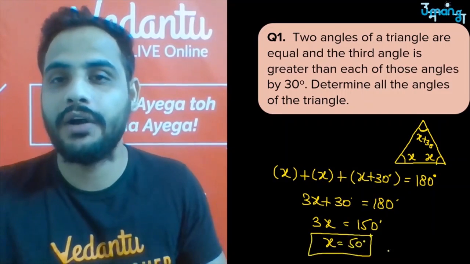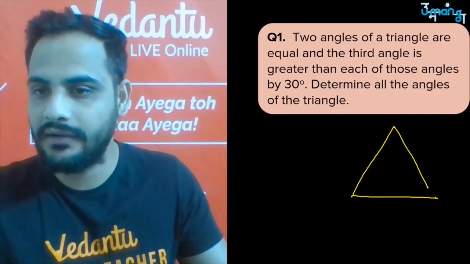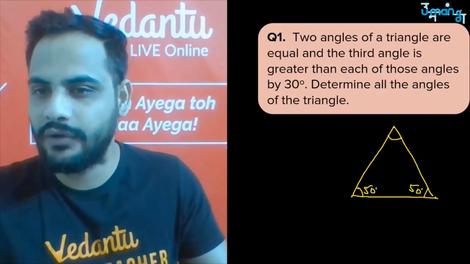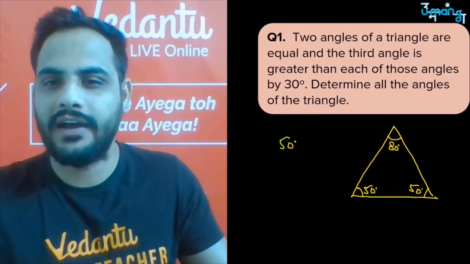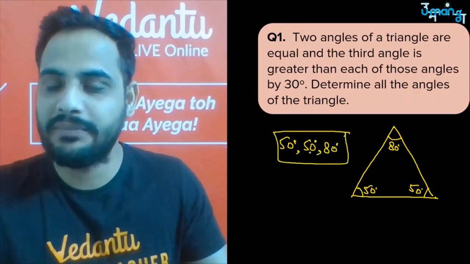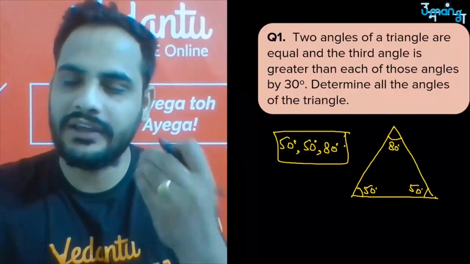If x is equal to 50 degree, what was the triangle? Two angles are equal, x and x, so this is 50 degree and this is 50 degree. And the next was x plus 30, so 50 plus 30 is 80 degree. So the angles are 50 degree, 50 degree and 80 degree. And you can see 50 plus 50 is 100, plus 80 is 180. Done. Easy.